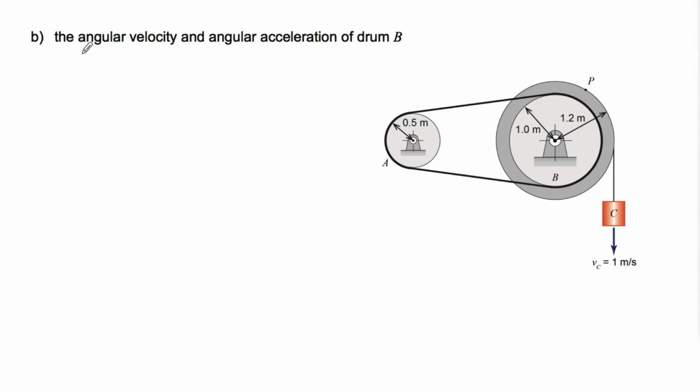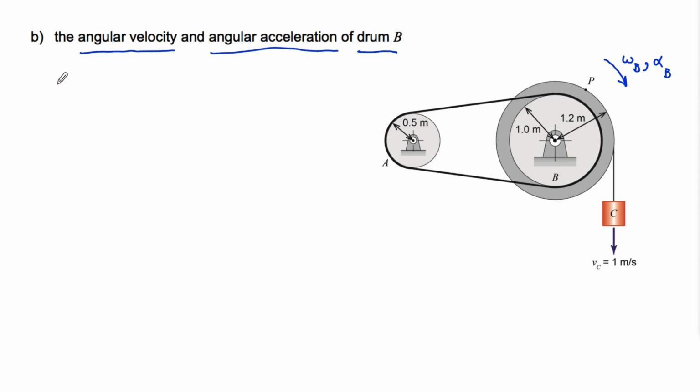For part B, we are looking for the angular velocity and angular acceleration of drum B. The drum B, which rotates in this direction, has angular velocity omega b and angular acceleration alpha b.